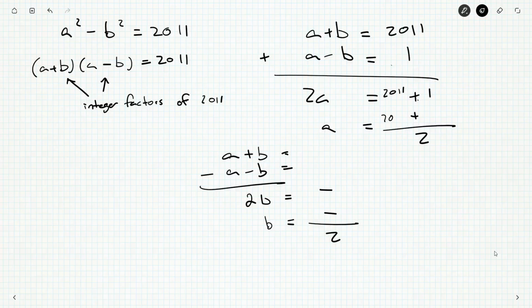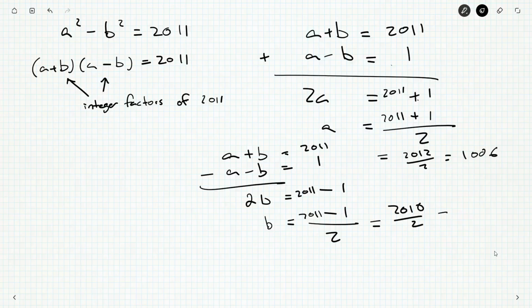So A is 2012 over 2, so A could be 1006. And B would be 2011 minus 1 over 2, so that's 2010 over 2, so 1005.